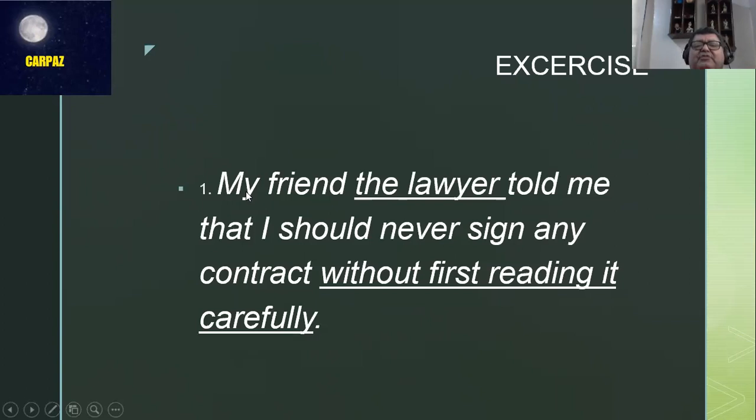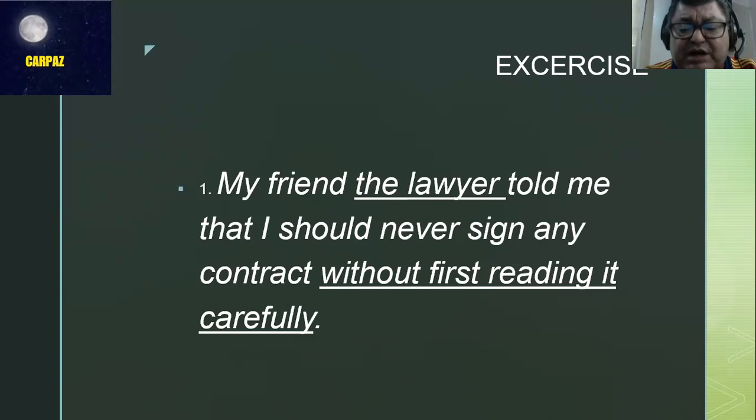Number one: "My friend, the lawyer, told me that I should never sign any contract without first reading it carefully." Number one has two phrases. The first one, the lawyer, is an appositive phrase, and it is modifying friend.